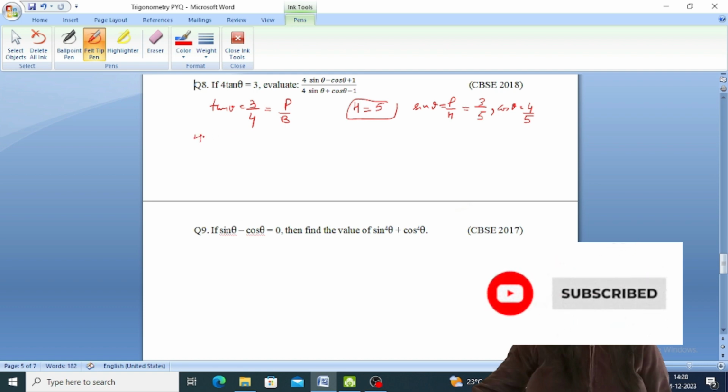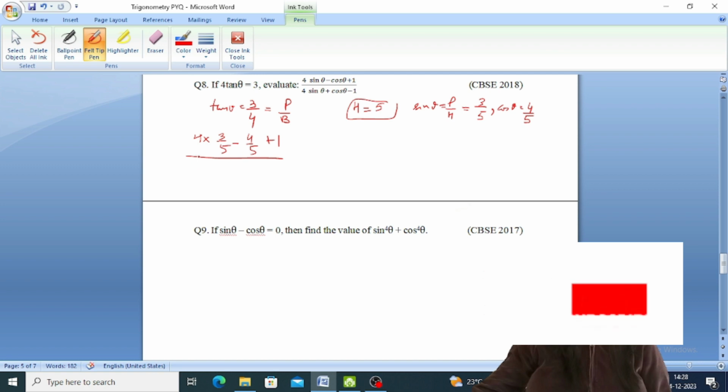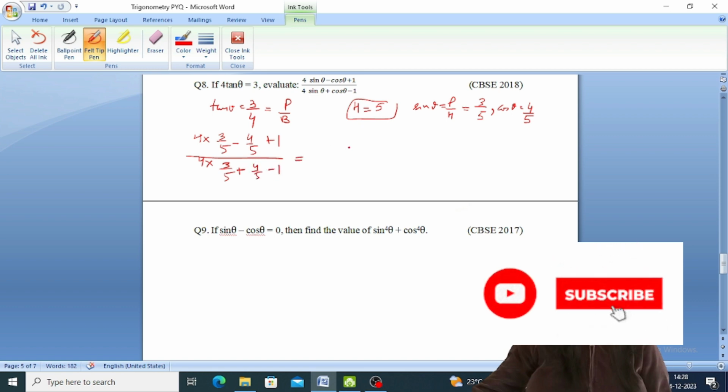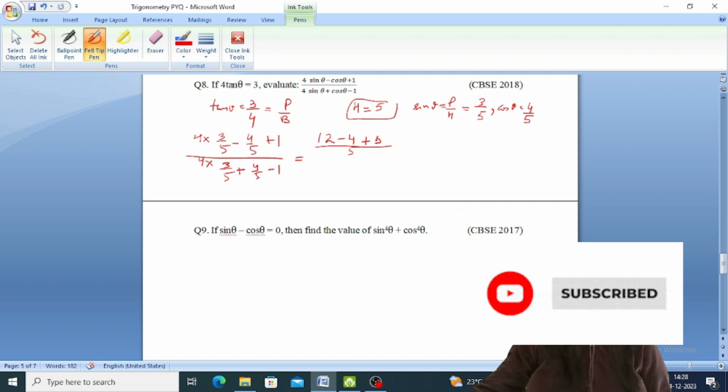It is 4 into sin theta, which is 3 by 5, minus cos theta 4 by 5, plus 1, upon 4 into sin theta, which is 3 upon 5, plus cos theta 4 upon 5, minus 1. I am taking LCM as 5 in the numerator. So this is 4 into 3, 12, minus 4 plus 1 into 5, 5, upon again 5 LCM in the denominator. It's 12 plus 4 minus 5.